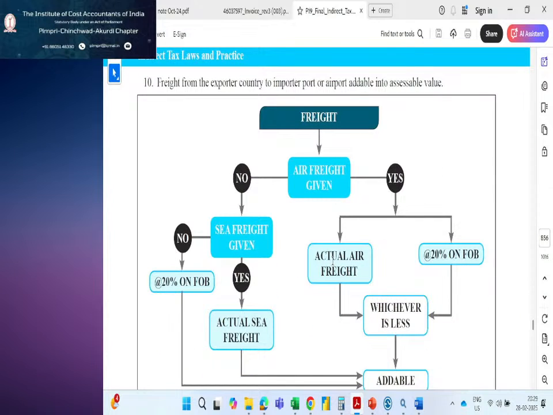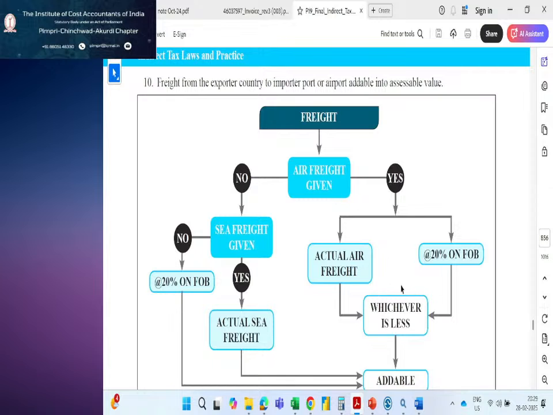Whichever date is later, that date we should consider. Then we have freight. Freight is very important. We have various modes of freight: air freight and sea freight. Now, if we are importing the goods by means of air freight, then we should see what the actual air freight is, and what the 20% of FOB is.